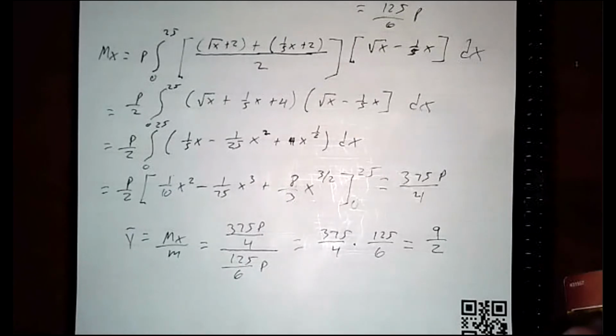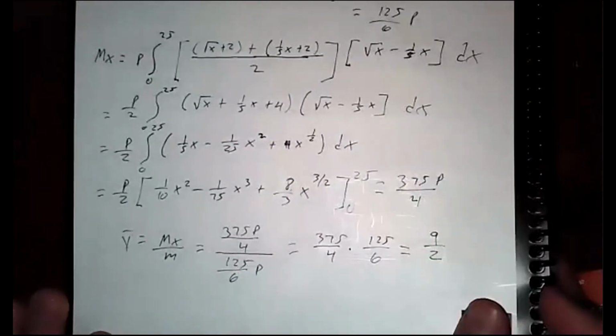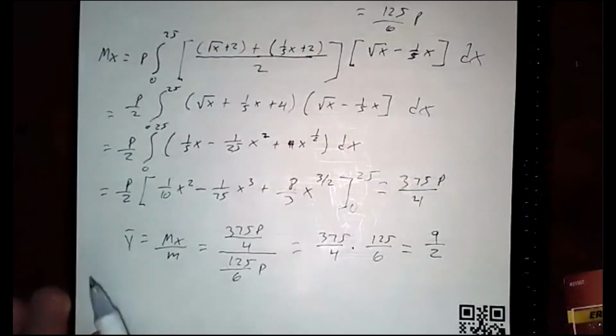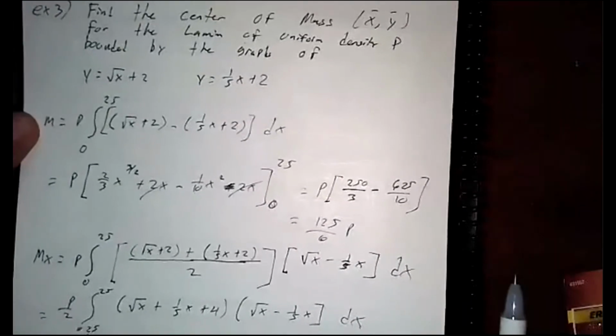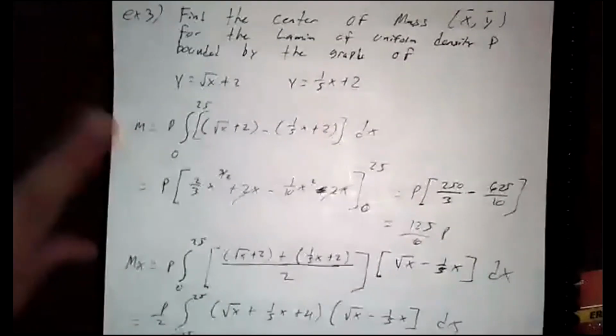Now we need to get x bar. So we're gonna have to do the integral formula for my, the moment on the y-axis. Okay, so we just did mx, which allowed us to find y bar, and the m, the mass integral, will be used for both parts. Okay.